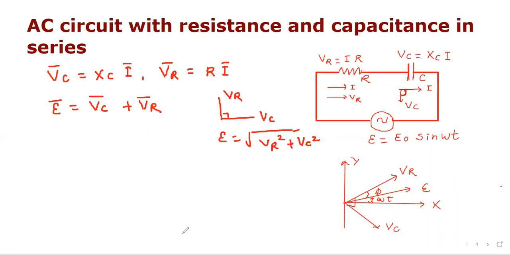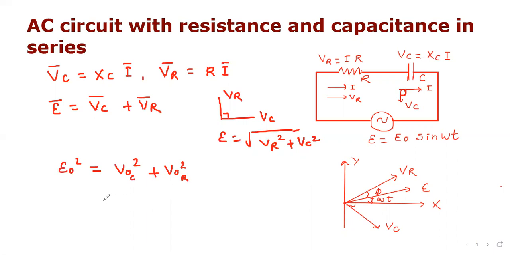Now let's apply Pythagoras theorem here. So as I told you, E squared equal to VR square plus VC square. Let's take peak values. So E0 square equal to V0 square across capacitance plus V0 square across resistance.